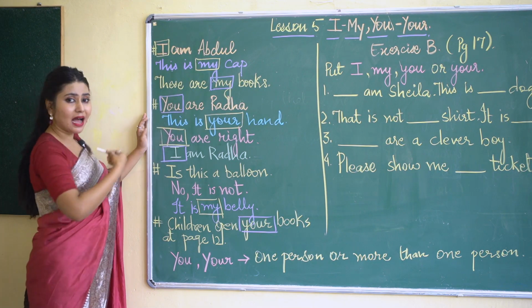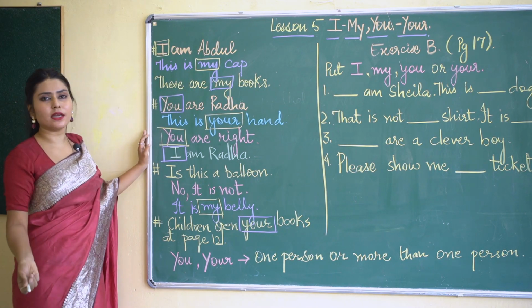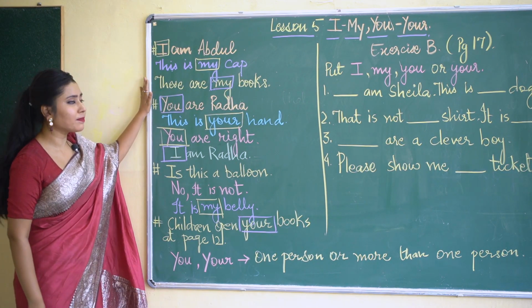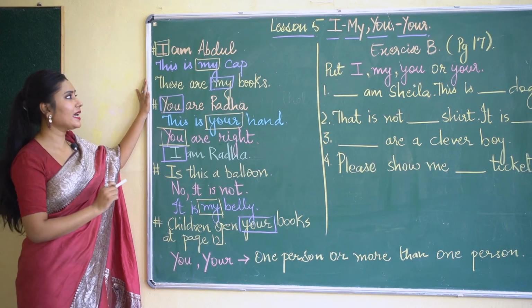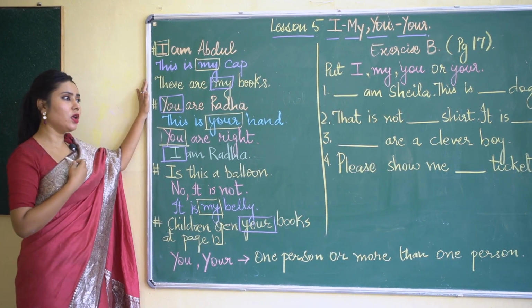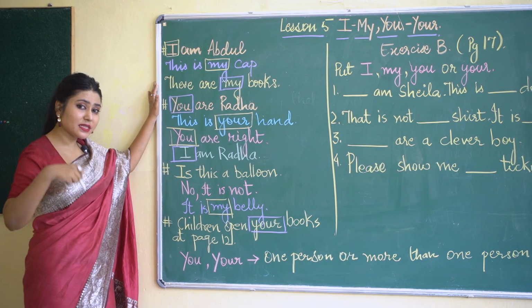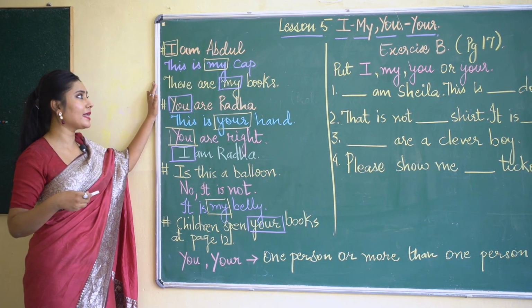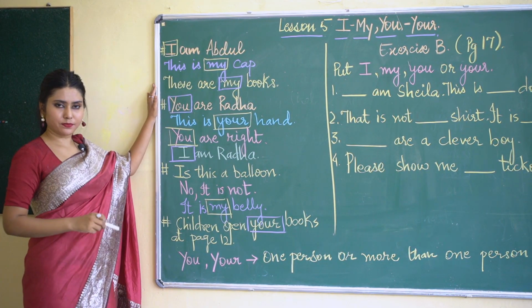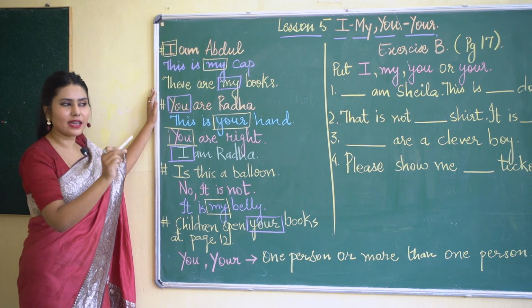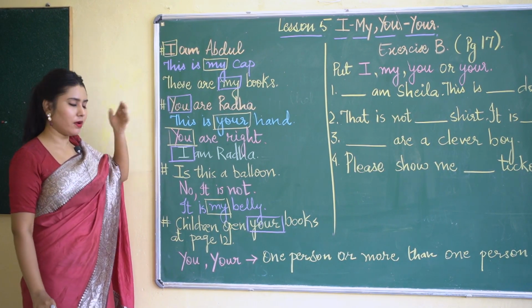This is my cap. If this boy Abdul is wearing a cap, he cannot say that I am Abdul, and the cap which he himself is wearing, he will not say that this is your cap. Okay? Unless he is wearing your cap or somebody else's cap. Alright?